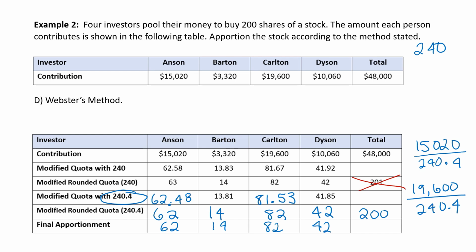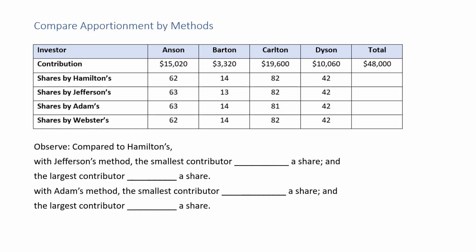You may have noticed that the shares are pretty much the same, but I'd like for us to compare them by apportionment methods. By Hamilton's, Anson had 62. By Jefferson's, Anson had 63. By Adams, 63. By Webster's, 62. All of these are within one of each other.